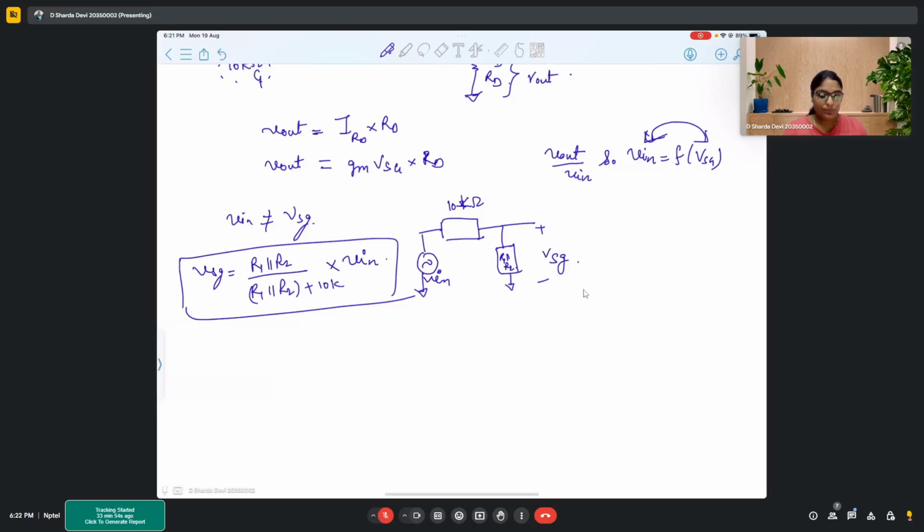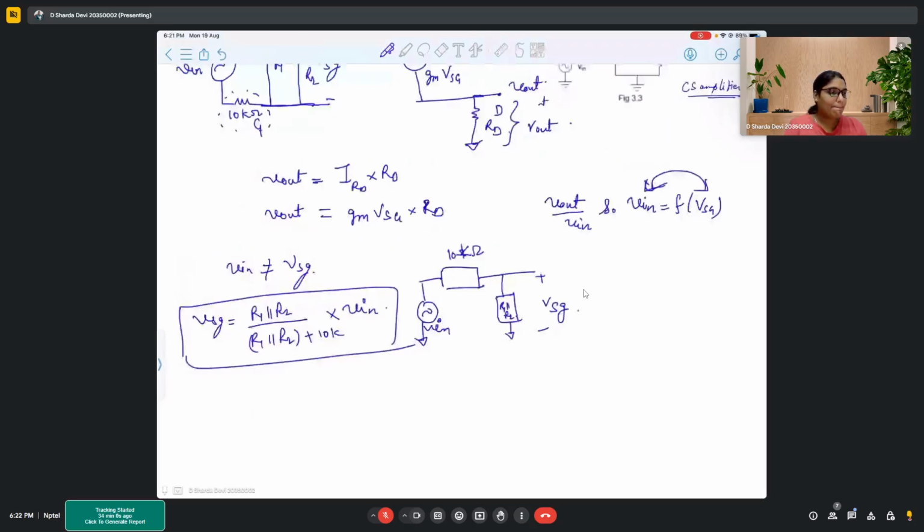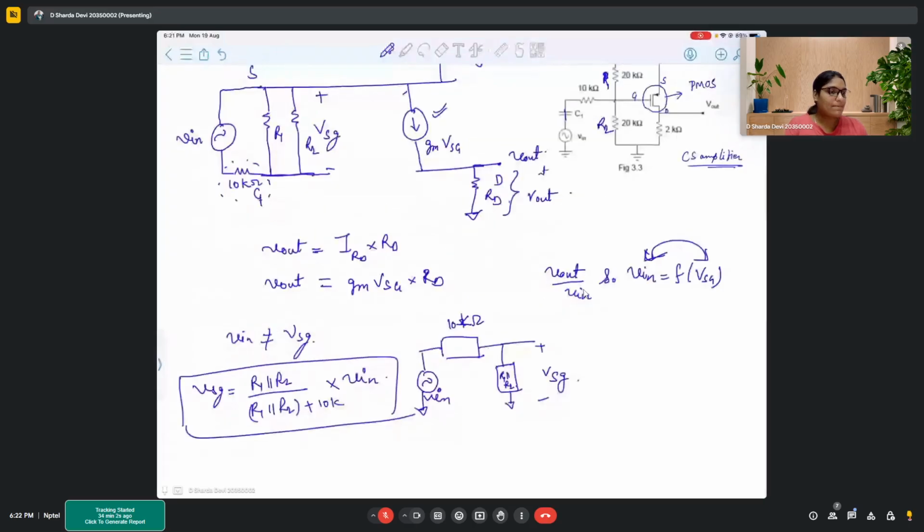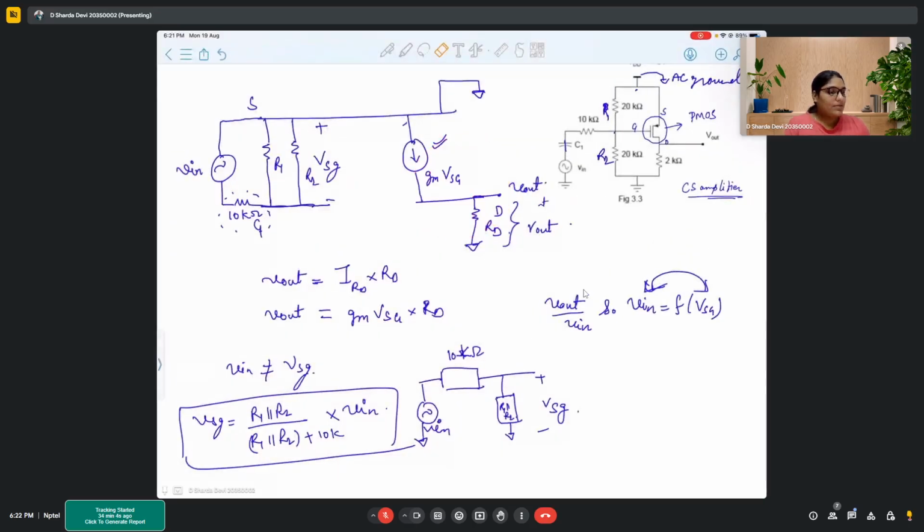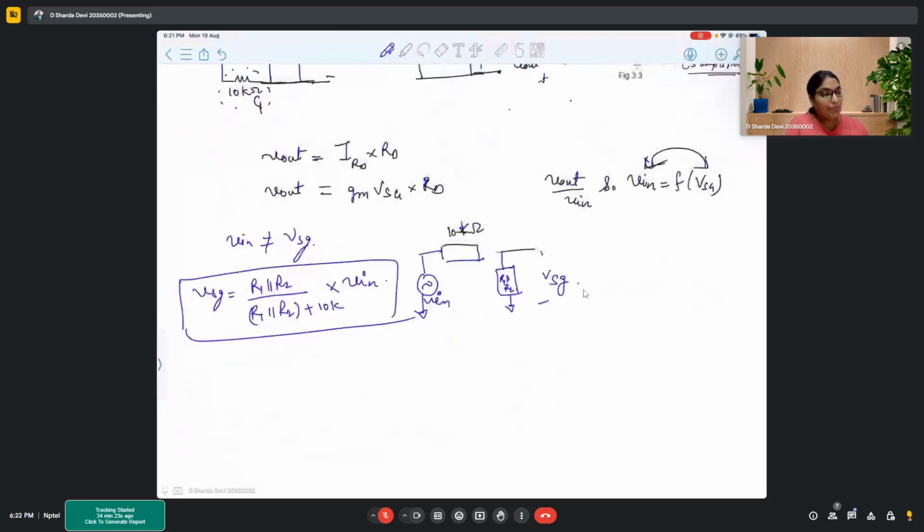So this can be drawn here, or RD can be drawn like this as well. So this is the same RD, and again from here this is V out, and whatever is current flowing through will be this VSG.